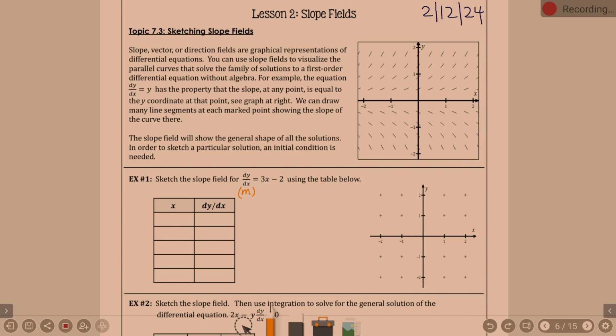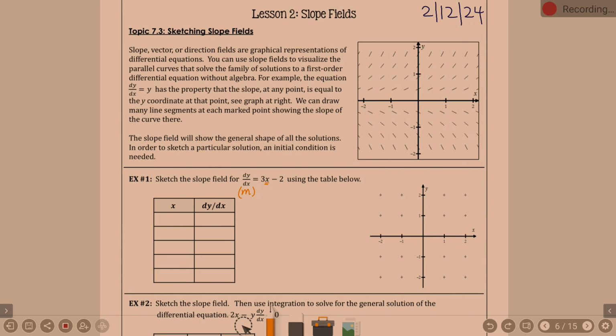Y prime, derivative, slope, it's all the same. In this first one, each slope is going to be equal to 3 times the x value minus 2. So we're going to do some math, and then we will work on putting these in.